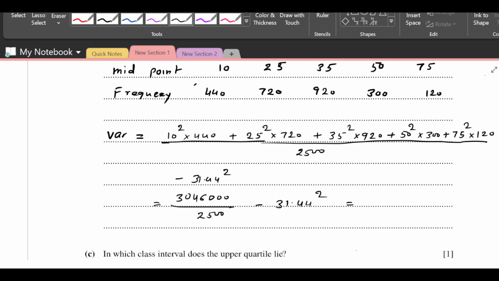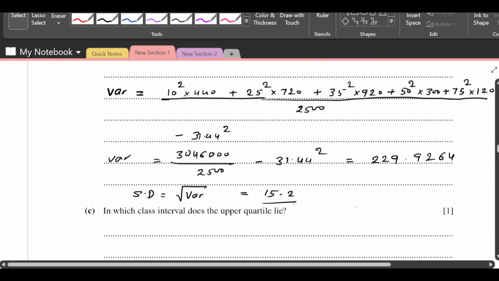So result will be 229.9264. This is your variance. Okay, what is the standard deviation? The standard deviation is square root of this variance. So we will take square root of this, and it is 15.2. So 15.2 is your standard deviation.